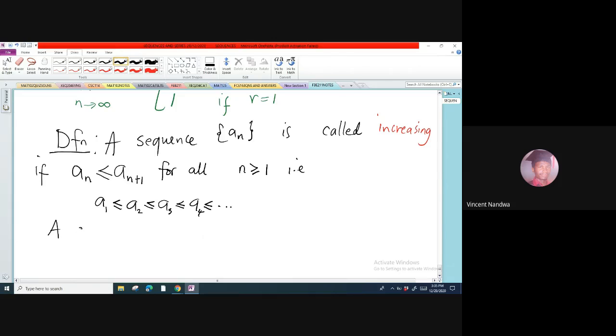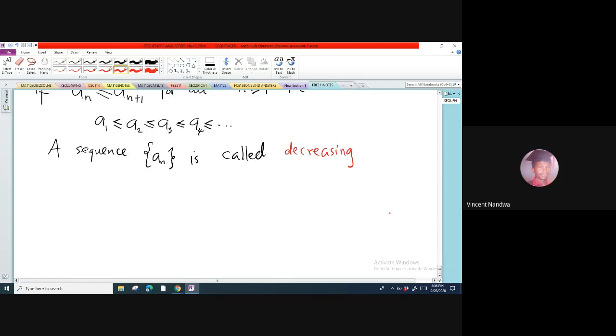And then we say a sequence an is said to be decreasing if an is greater than or equal to an plus 1 for all n greater than or equal to 1.